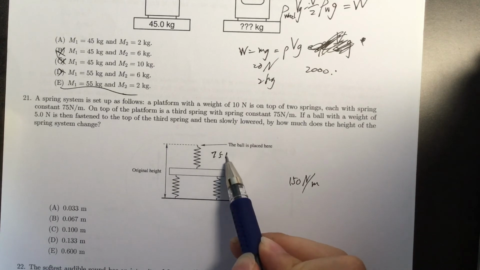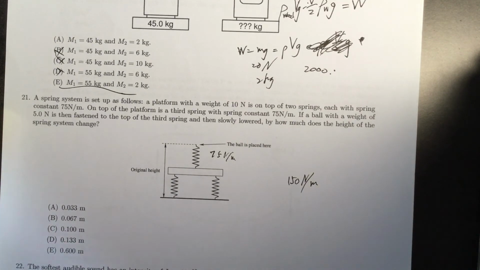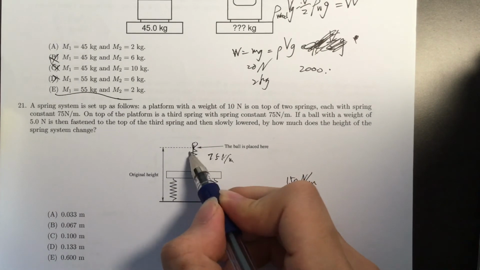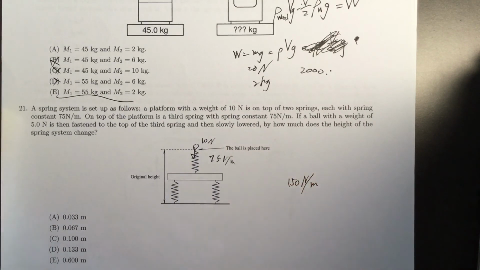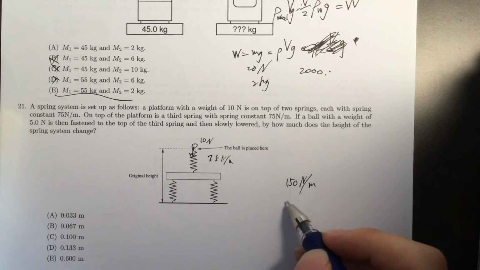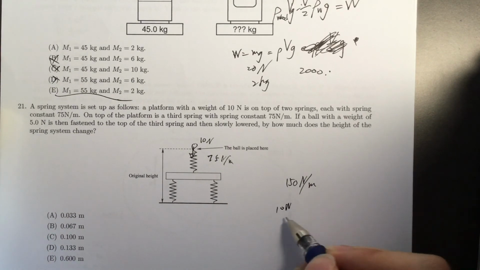Okay, both 75 newtons per meter. So the ball is placed here. It's 10 newtons downwards, which compresses these two by 10 newtons. So 10 newtons over 150 newtons per meter.